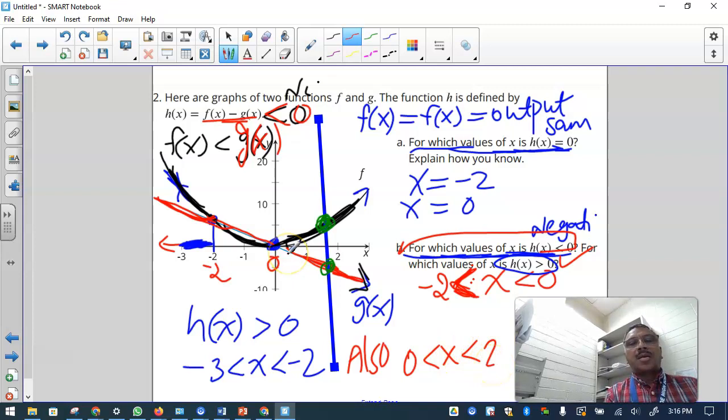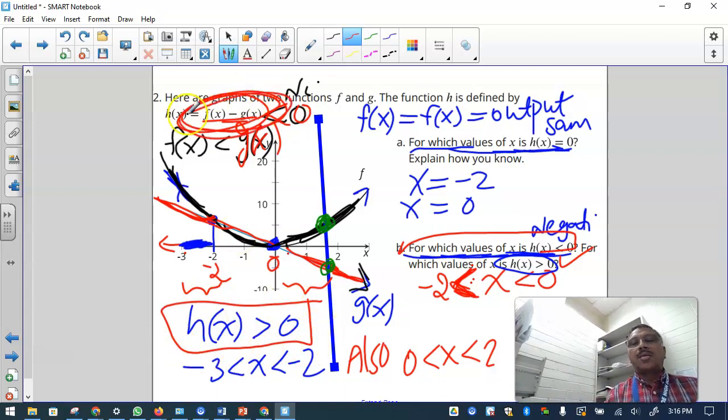So from here to here and also from here to here, the black graph is above. When you subtract, you'll get positive. That's what the question was: when is f of x greater than g of x based on this part? And I hope that takes care of it.